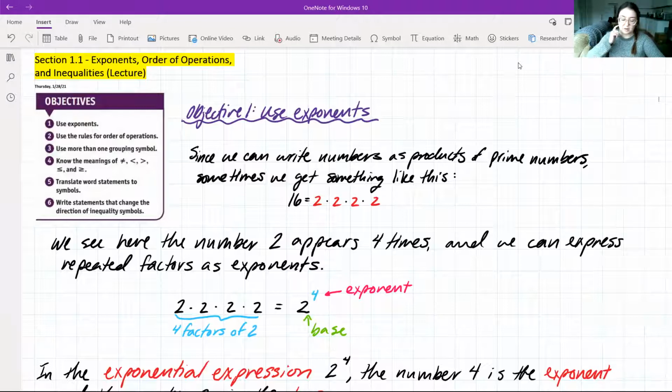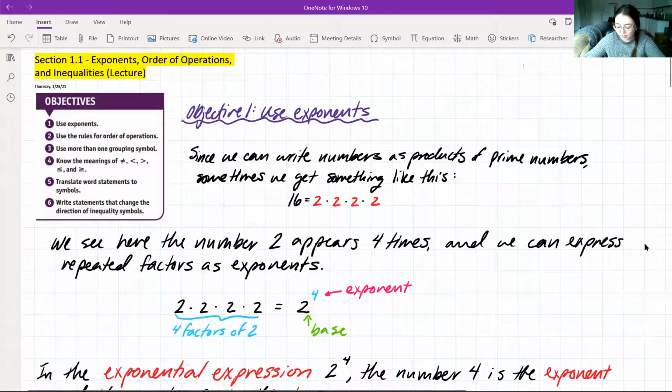So when we have 2 times 2 times 2 times 2, we have 4 factors of 2, and this is equal to 2 to the 4th power. However many times 2 is being multiplied is going to be the number in our exponent. Since we multiplied 2 four times, we have 4 in our exponent, and 2 is our base.